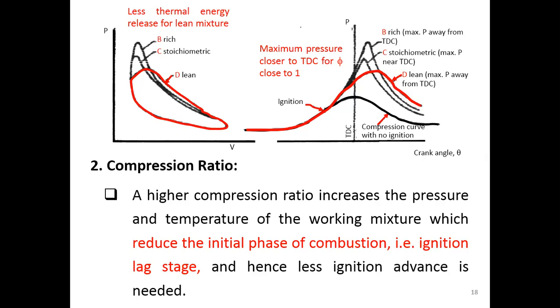And that means you don't need to ignite too much earlier. In other words, you can have less ignition advance. You can ignite the fuel closer to the top dead center if you go for a higher compression ratio, because the temperature and the pressure of the mixture are already high.